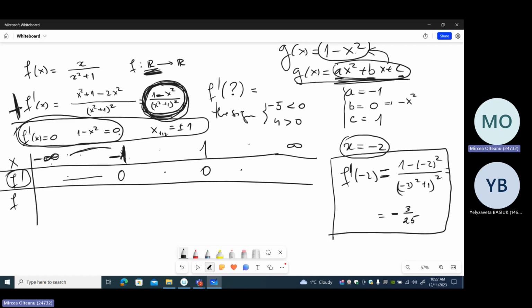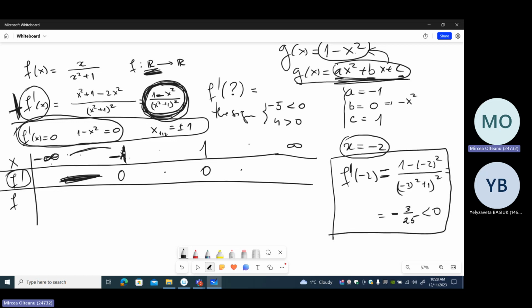Okay, let's compute the value of the derivative, which is written here, at -2. It gives -3/25, which is negative. It's the same sign we got theoretically by using the sign of the quadratic function.